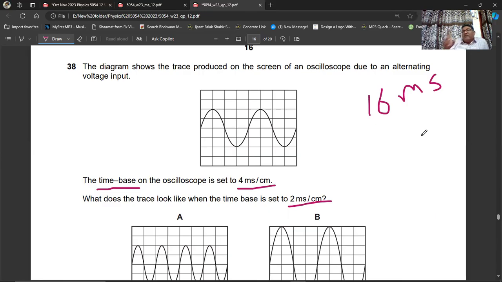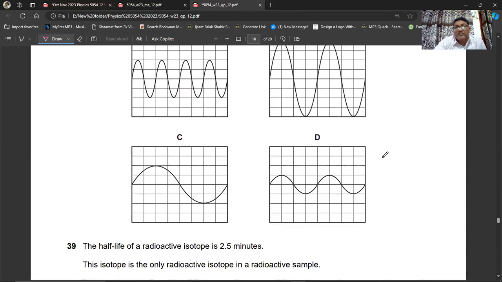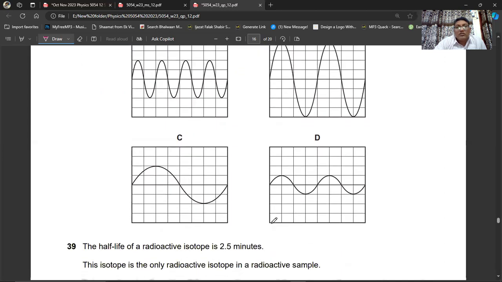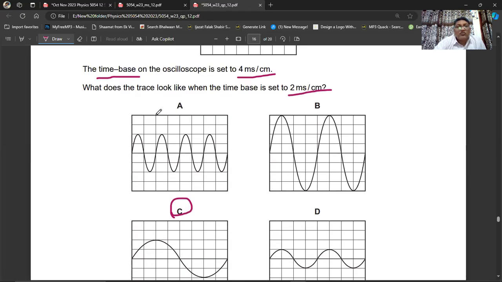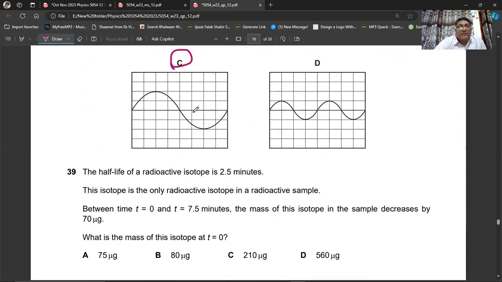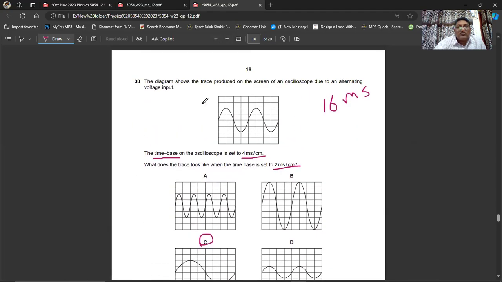So now a complete wave will be on 8 centimeters. 1, 2, 3, 4, 5, 6, 7, 8. So I think C is the right answer. The amplitude should remain the same, and the amplitude here is 2, and the amplitude here is 2. So I think C is the best option, sir. It's a huge question.